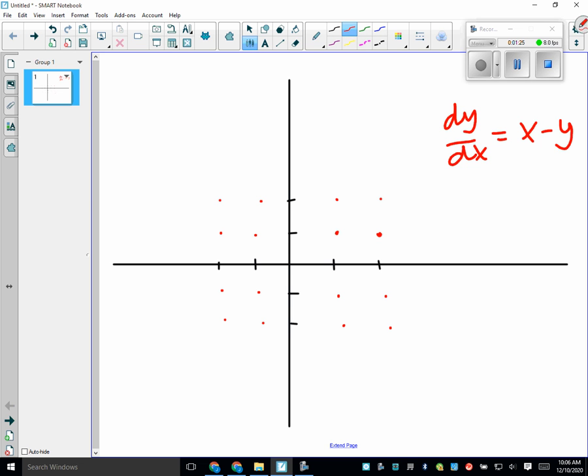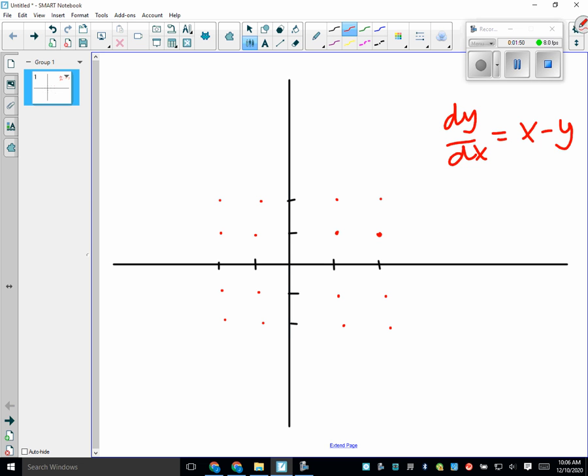Okay, dy over dx, remember, is slope. That's derivative, which is slope, right? So this says the slope is equal to x minus y. Now, let's think a minute about slope. What is a zero slope?